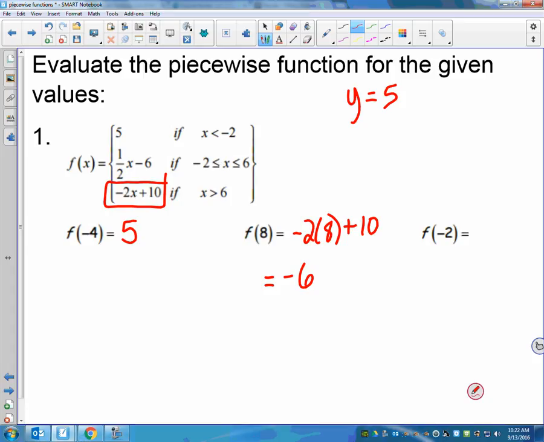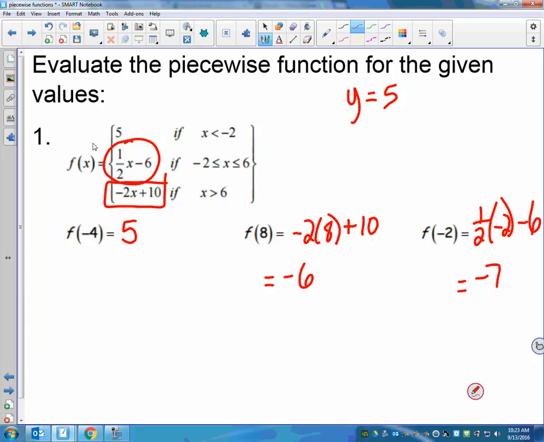So I'm going to plug -2 in only for this middle one. And I'm going to do 1/2 times -2 minus 6. Half of -2 is -1, minus 6 is -7. So if you just understand which piece you're using, you just plug those in. So you don't get 3 answers for each one, you just get 1 answer. Questions about that?